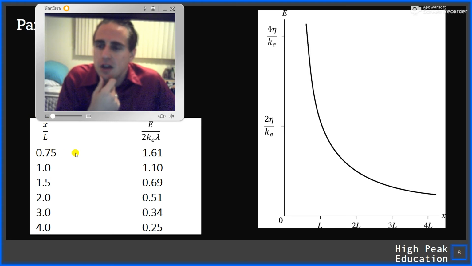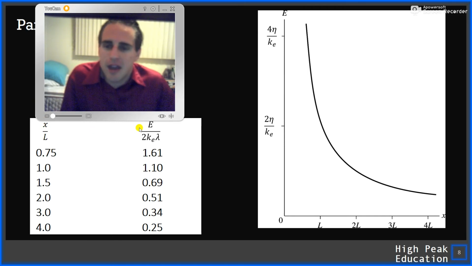Notice that we can't have any values of x divided by L at 1/2 or 0.5 or lower, because if x equals positive L over 2, then that would just be 1/2. So the first value we have plotted here is 0.75. And if we have 0.75 for x over L, then we can plug that into our previous expression, and we'll essentially get this.